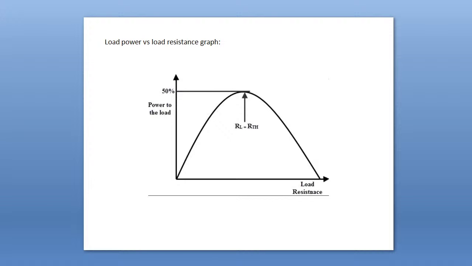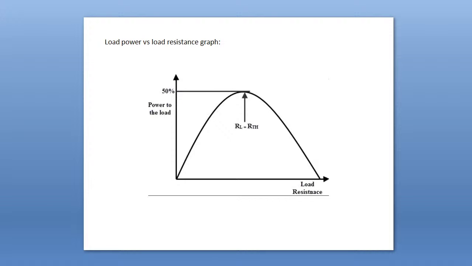If you put RL less than RTH, then you see the curve. What will happen? Your system will work, and you will get efficiency less than 50%. You see the graph.